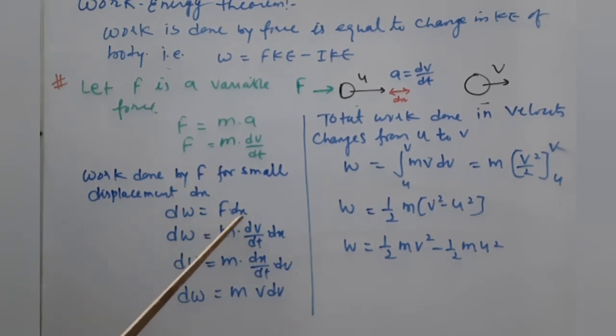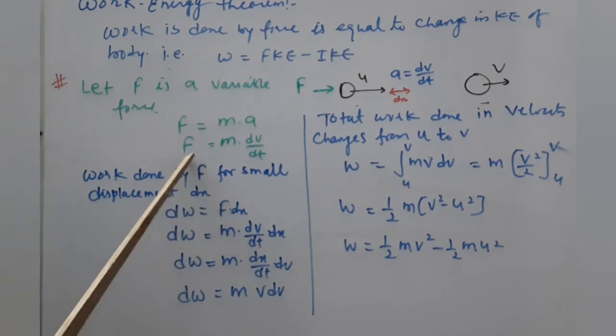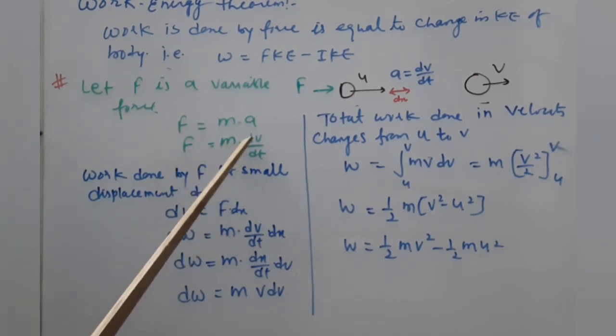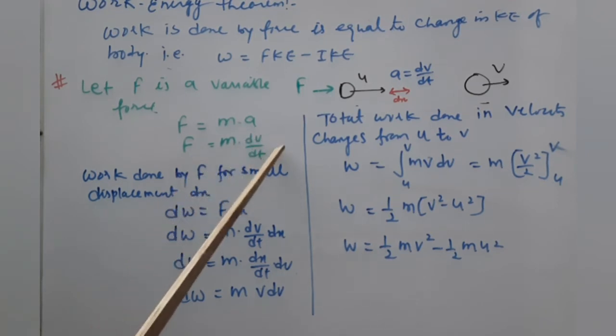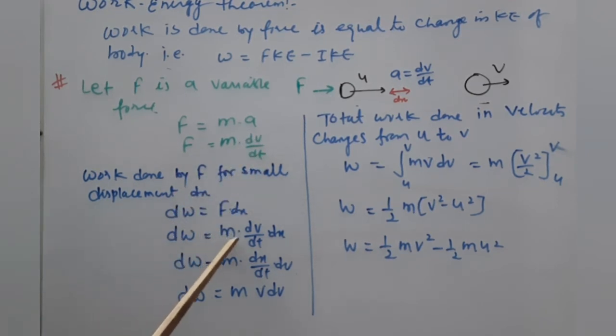It means force and displacement are in the same direction. Write down the value of F, which is m dv upon dt, into dx. Likewise we interchange the places of dv and dx. Then dx upon dt is v, the instantaneous velocity, and dv is the small change in velocity.